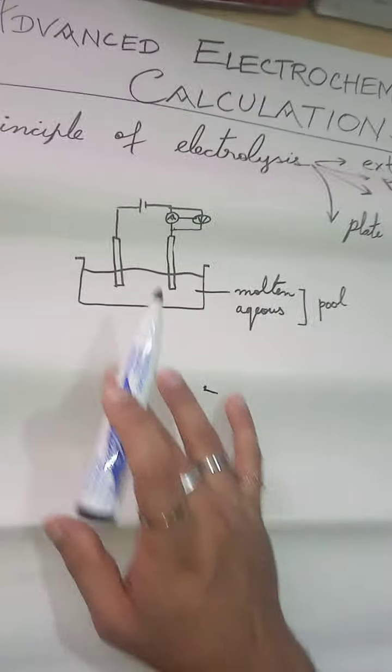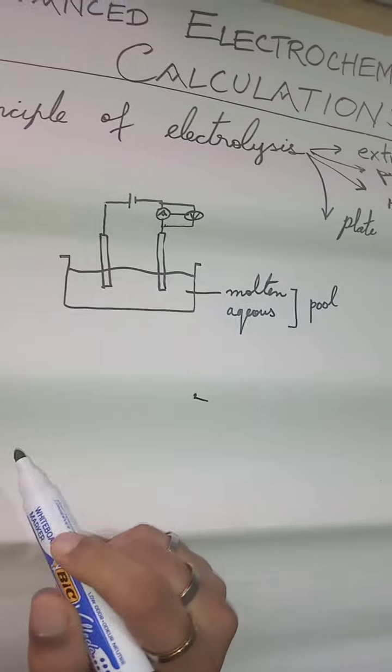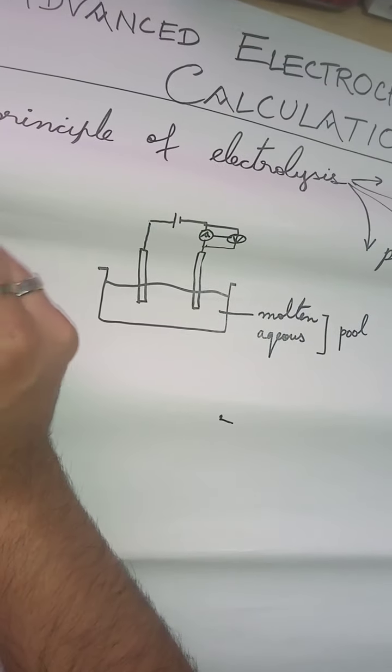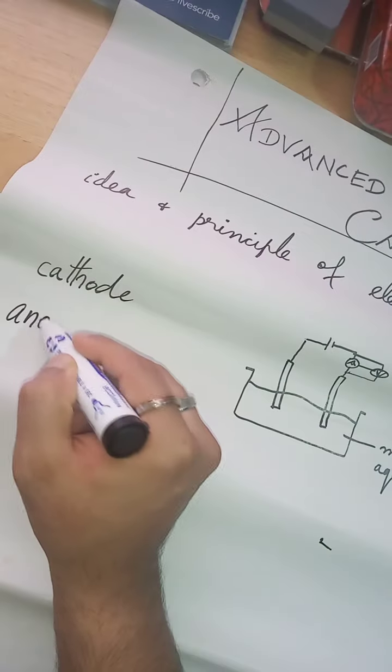But the idea is that one of these plates will be a cathode, and one of them will be an anode.